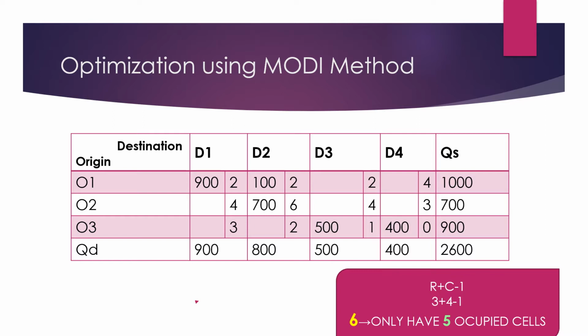Therefore, in order to eliminate the degeneracy, we have to put 0 in one of the unoccupied cells. Here we can put 0 in O1 D3, O1 D4, O2 D1, O2 D3, O2 D4, O3 D1, or O3 D2. Any of the unoccupied cells, we can put this 0.